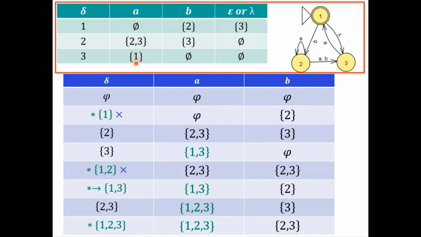Union of these three would lead us towards 1, 2, and 3. Now for input letter B. State 1 leads to state 2, state 2 leads to state 3, and state 3 leads to phi. The union of 2 and 3 is 2, 3.